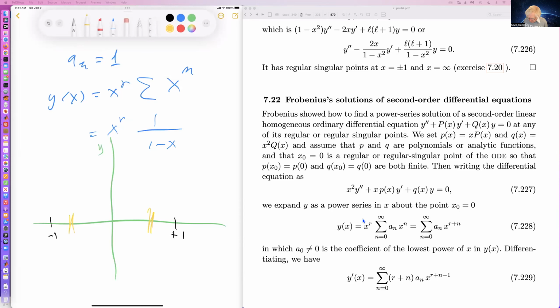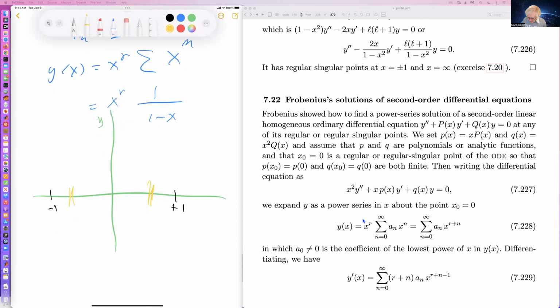But if this is to be a solution for all x, well, in quantum mechanics, what you want is to be able to say that 1 is equal to the integral of the absolute value of y of x squared dx from -infinity to +infinity. You want the thing to be normalized. So that's not going to work if y is 1 over 1 minus x.